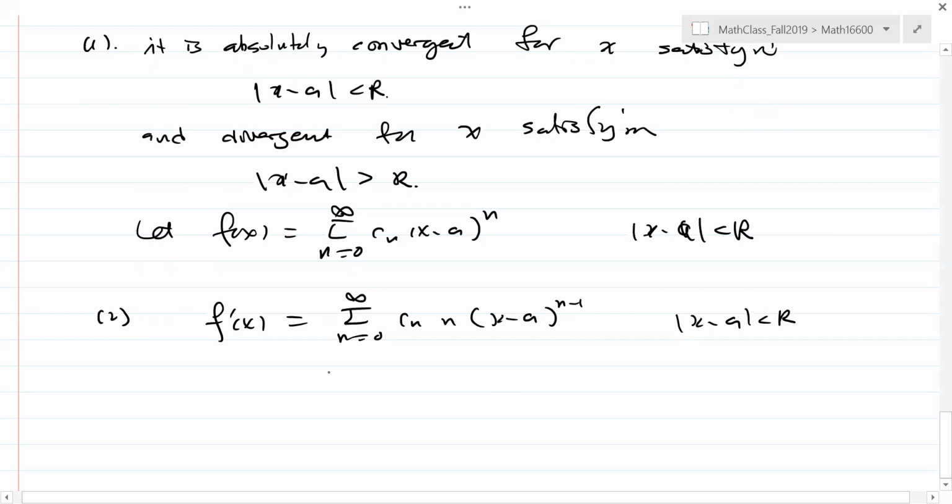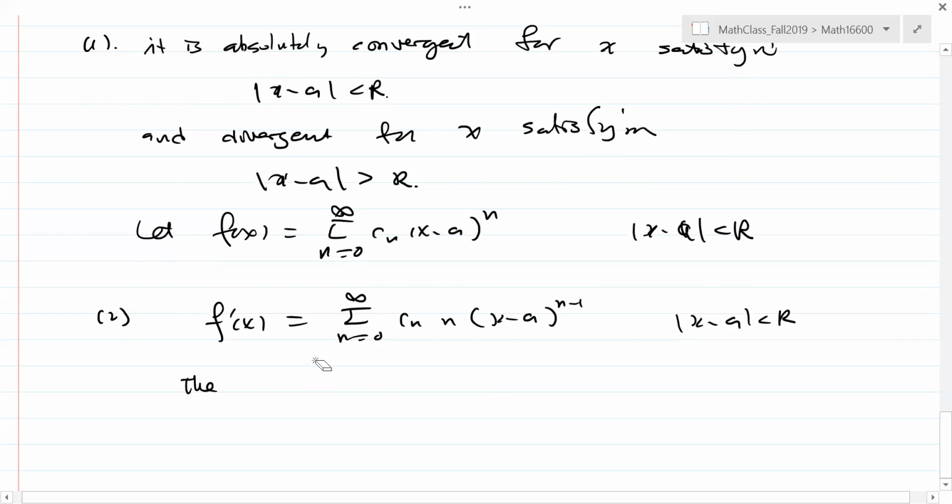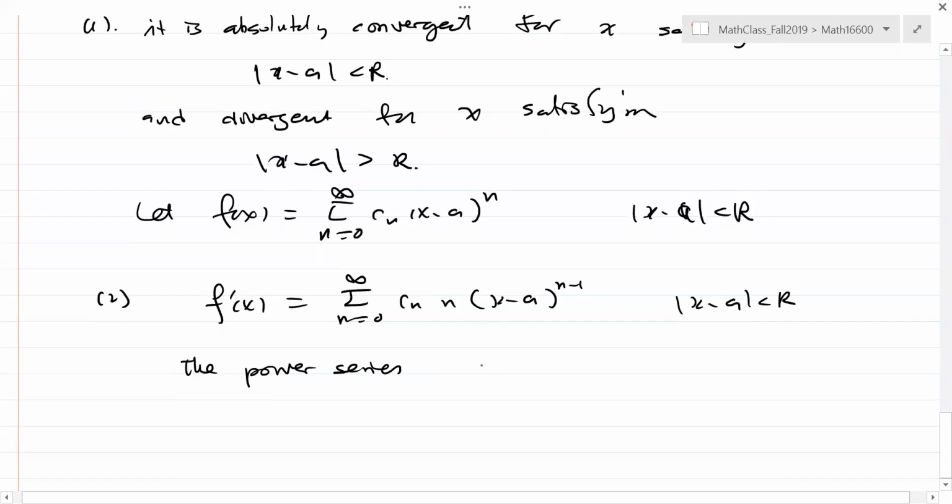So this power series has the same radius of convergence.